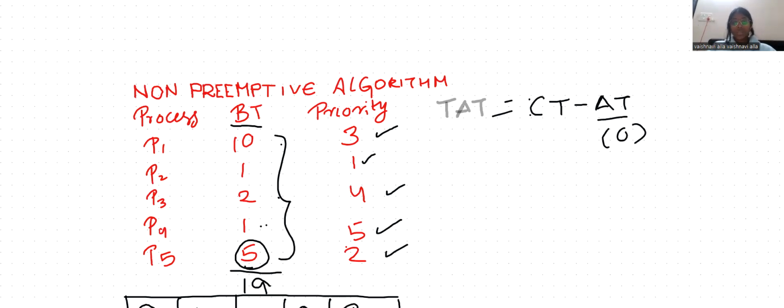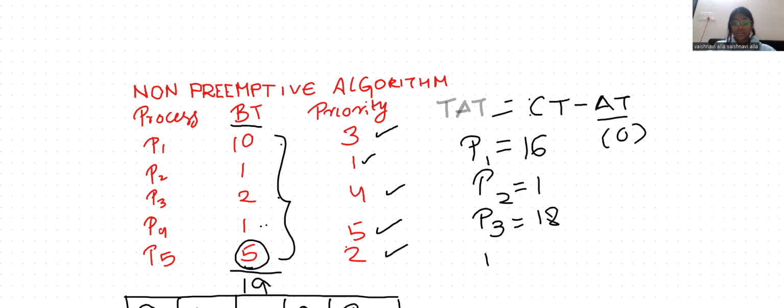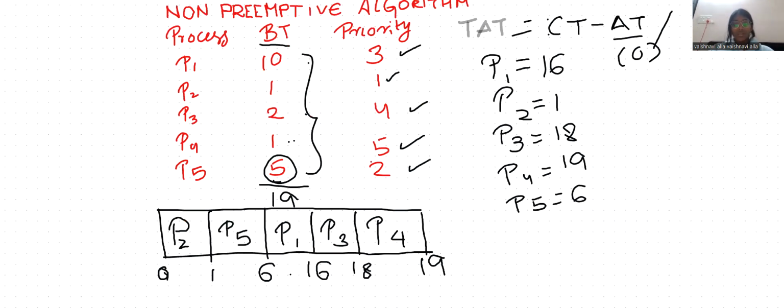So P1 consists of 16, P2 consists of 1, P3 consists of 18, P4 consists of 19, and P5 consists of 6. I can tell this because of the Gantt chart given here.